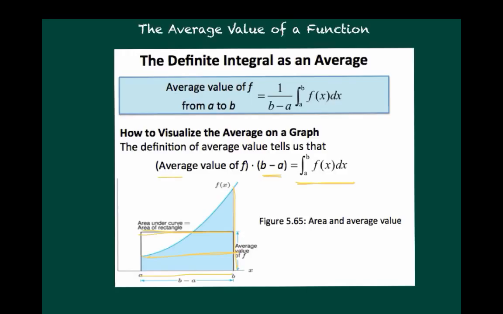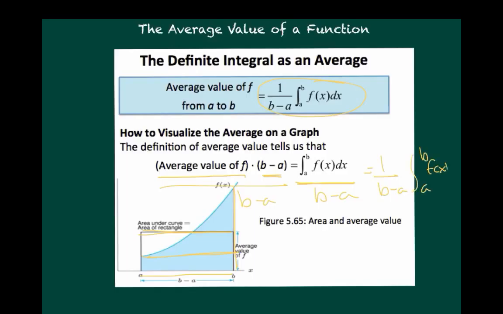So the average value of the function times the length of the base will give us the area. That's just kind of the area, like base times height equaling a rectangle. So in order to get to our formula, we're just going to divide both sides by b minus a. And dividing by b minus a is the same as multiplying by 1 over b minus a.